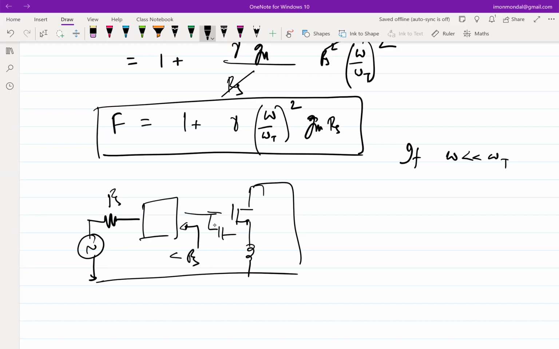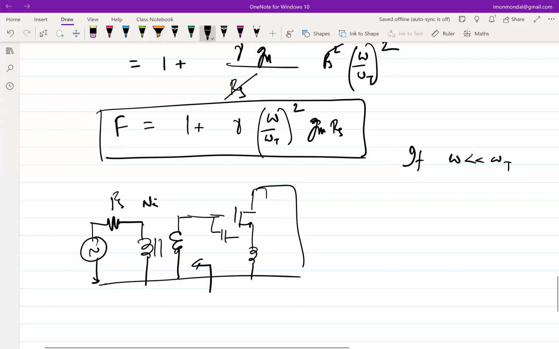Right? So what is the simplest thing that I can put? I can put a transformer. And I want to reduce it by, whatever, turns ratio squared, right? So this has to be n:1. So this becomes RS over n squared.